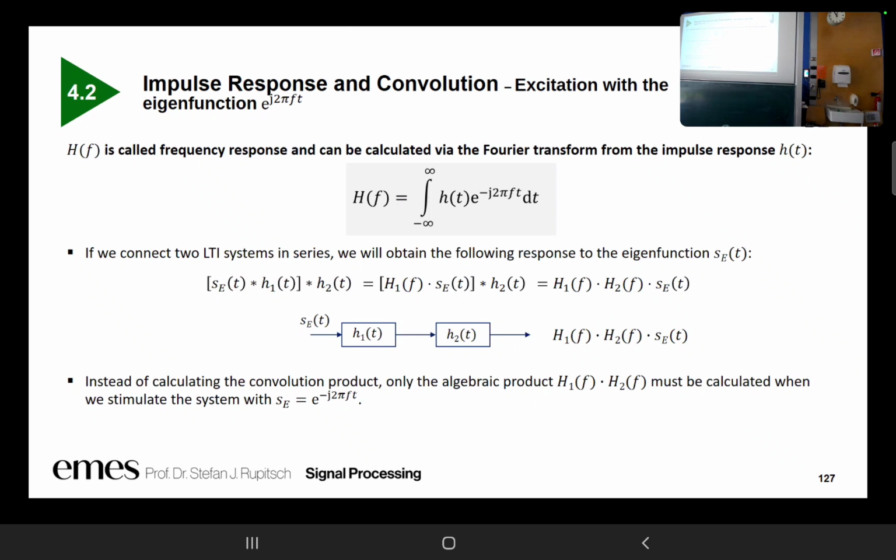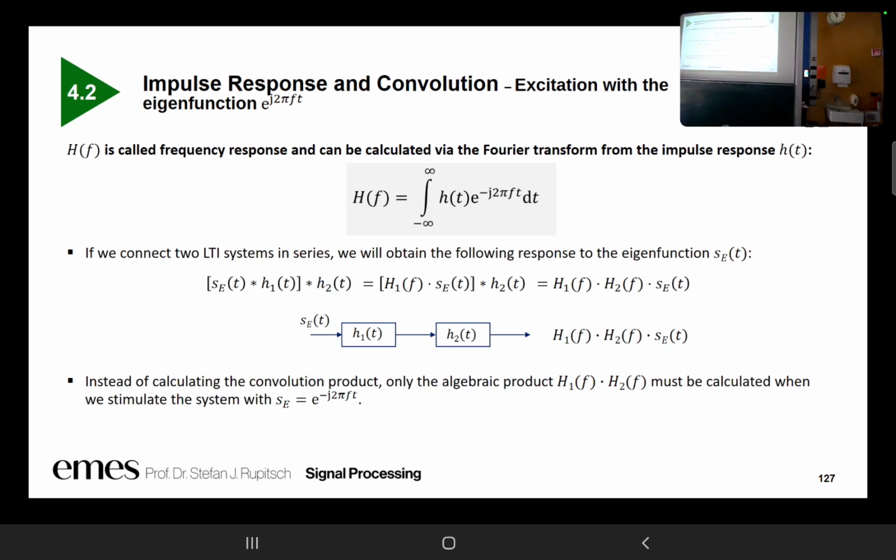Uppercase H of f is called the frequency response and can be calculated from the impulse response. We discussed this with the Fourier transform. And now, if we connect two LTI systems in series, we have here the input signal, the first LTI system, and the second one. For both LTI systems, we know the impulse response.